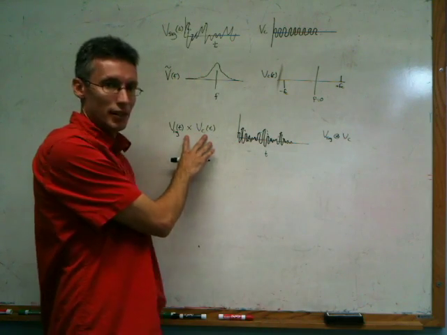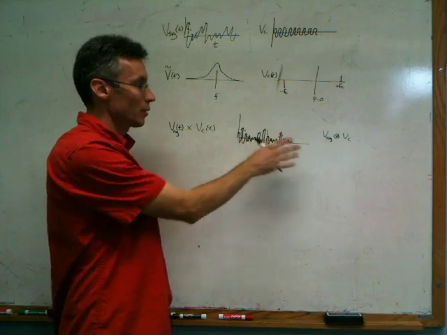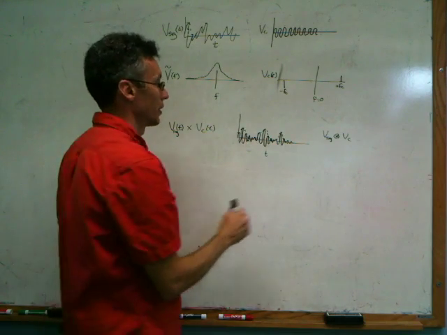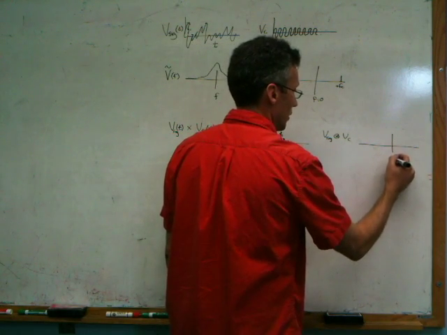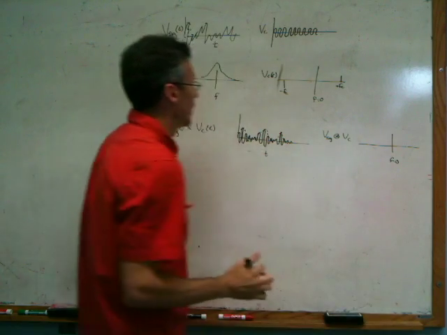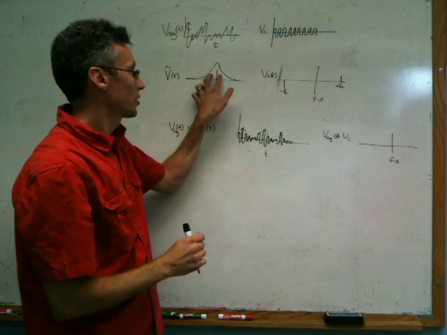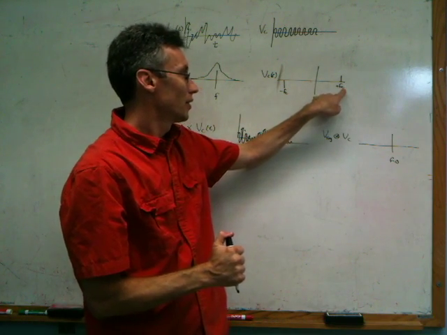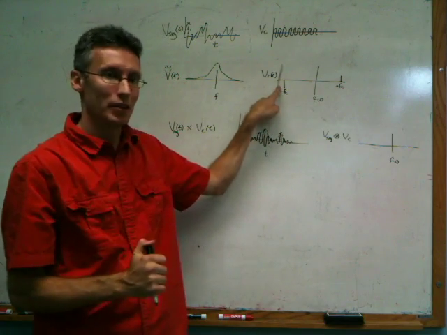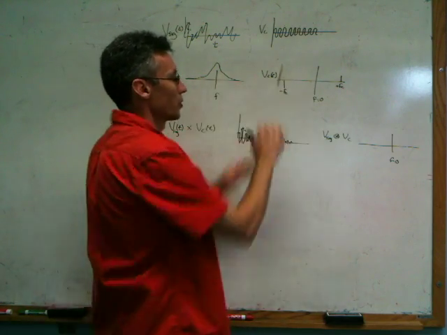Right? When you multiply two signals in the time domain, that's equivalent to convolving their frequency components, the frequency spectrum. And so that means we take this spectrum and we shift it by plus the carrier frequency and minus the carrier frequency. That's what happens when we do the convolution of these two functions.